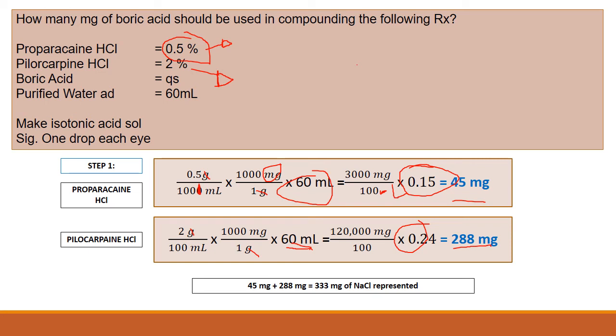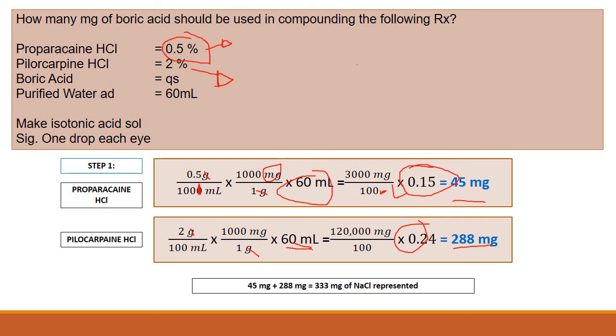By the way, you have to make this into milligrams, so we have to convert 0.5 grams to milligrams by multiplying it by 1000 milligrams. Cancel out the grams and then you have there 60, which is your water, so you have milligrams per mL.